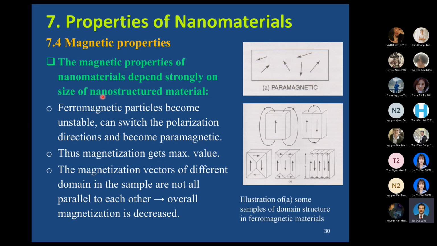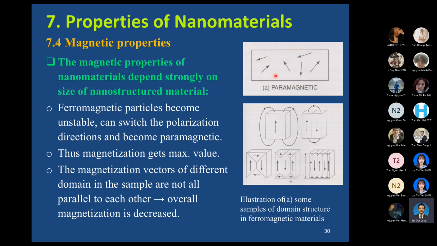And you can see a ferromagnetic particle becomes unstable and can switch polarization direction and become paramagnetic. You can see here, this is paramagnetic. When the vectors are not in the same direction, we call it paramagnetic.